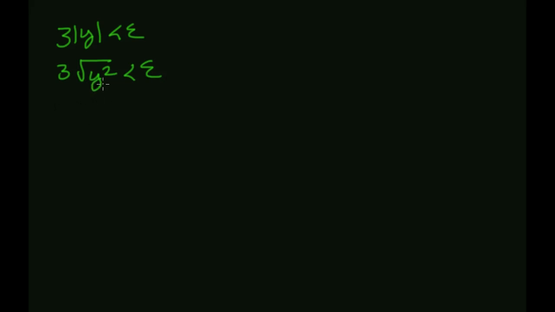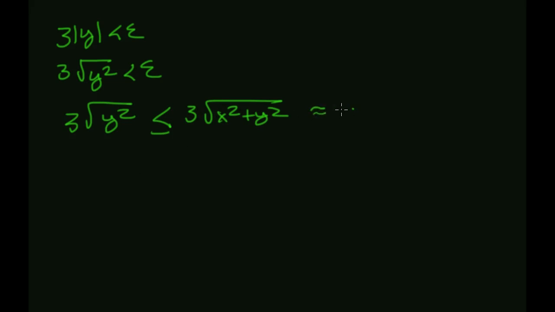This has to be smaller or equal to 3 times the square root of x squared plus y squared. And this is kind of interesting because I can bound delta with this, right? So we can work this out in relationship to 3 delta, because 3 delta's got to be underneath this thing.